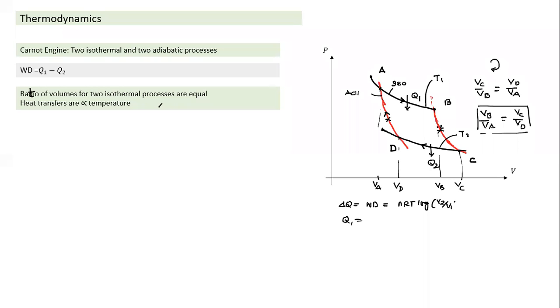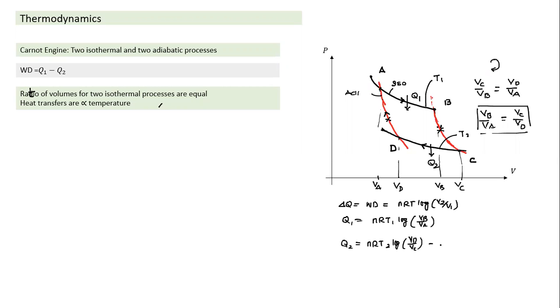That's the work done here, and that's the delta Q. So Q1 will be equal to nR T1 log of VB by VA. Similarly, Q2 would be nRT2 log of final volume VD by VC.